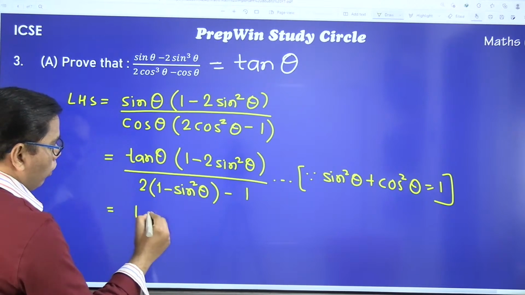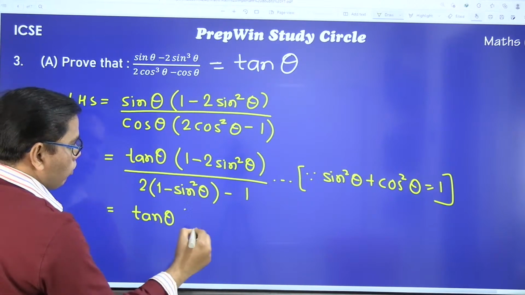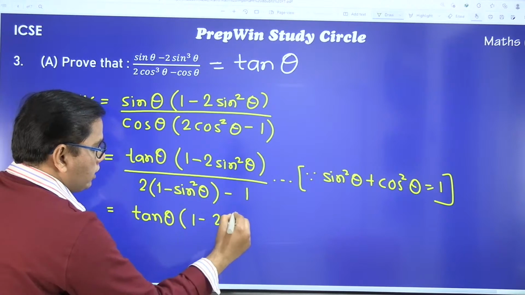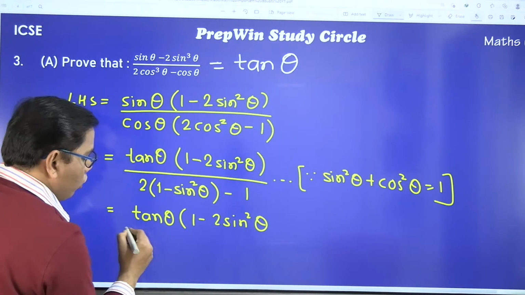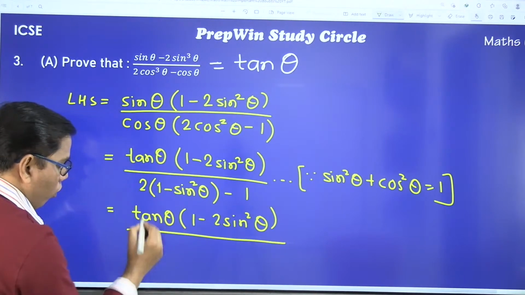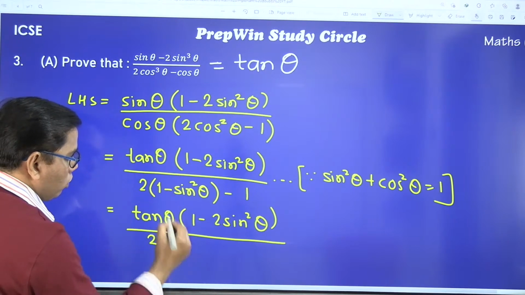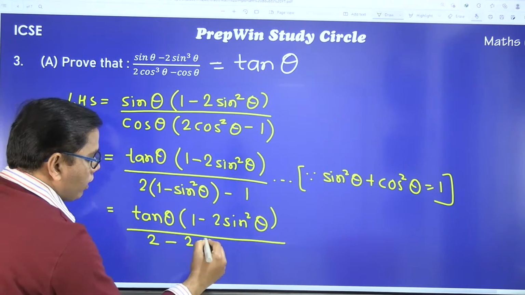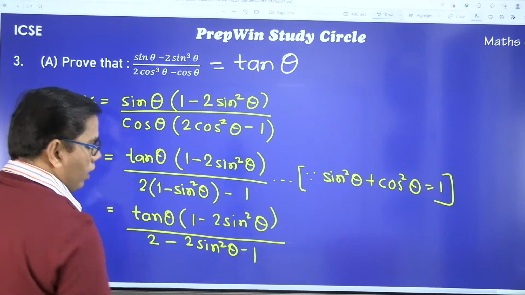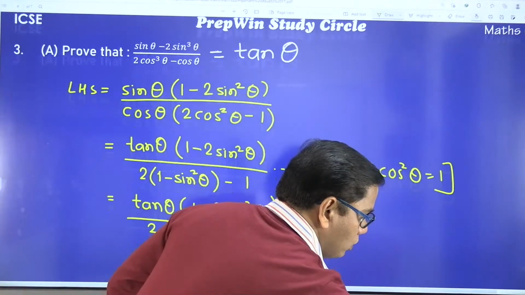Now look here. Tan theta into 1 minus 2 sine square theta, and when you open the bracket in the denominator, 2 into 1 is 2, minus 2 sine square theta, minus 1. Now see what happens.